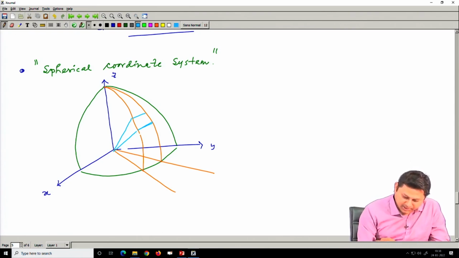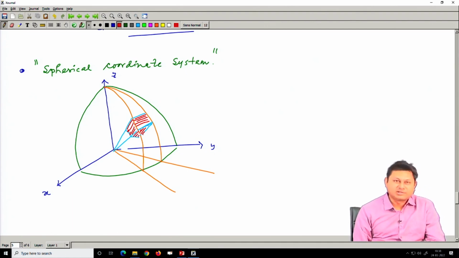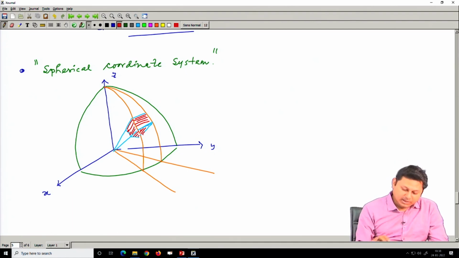So, I have a volume like this. This is the volume element I am talking about here. And this is a three-dimensional figure, so it is difficult to draw by hand, but I believe you understand that this is a volume and I cut a piece from that. I am just cutting a piece from that, that is all.